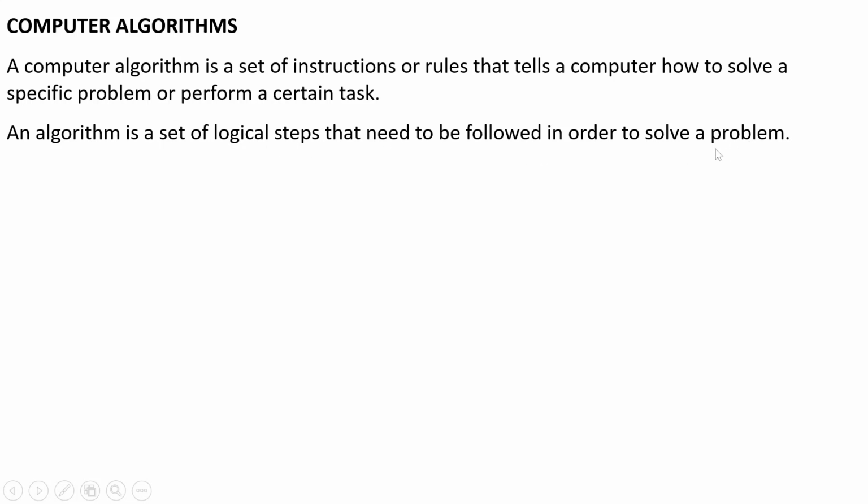Step 1, step 2, step 3. For instance, when you want to cook onshima, what steps are there to be followed for someone to successfully cook onshima? Those steps can also be said to be an algorithm. So an algorithm is a set of logical steps that need to be followed in order to solve a problem.